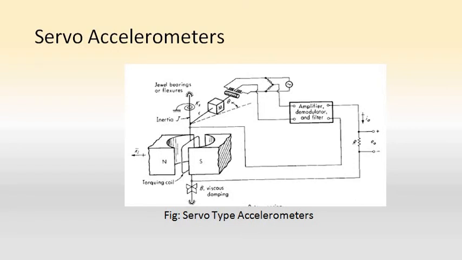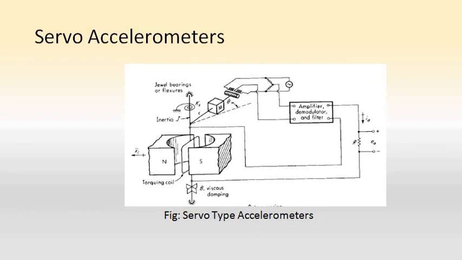The output current is again passed to the coil through this path, and the coil will get excited and a torque will be produced, and this torque will cause the mass to come back to the neutral position, that is, the null position.